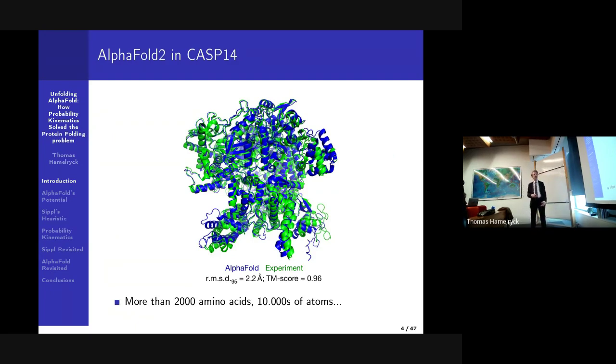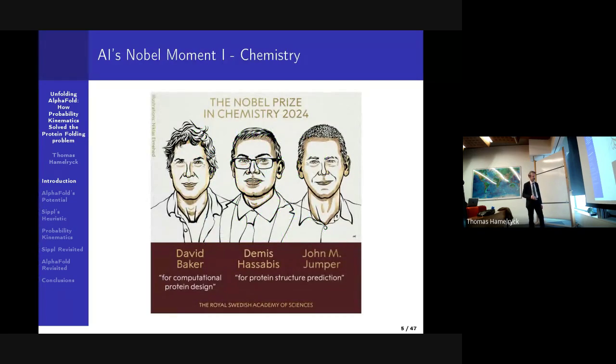This is quite an accomplishment. This is an example that was shown around that time: a protein with more than 2,000 amino acids, tens of thousands of atoms, and you can see that even for enormous proteins like this, we can have fairly good predictions. So it's indeed an enormous breakthrough.